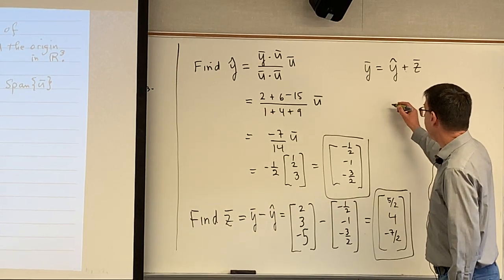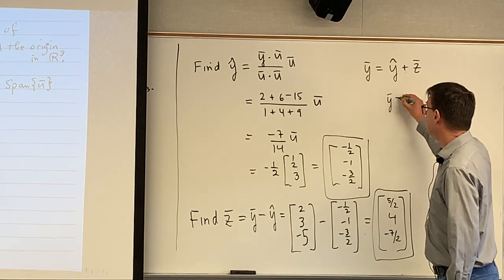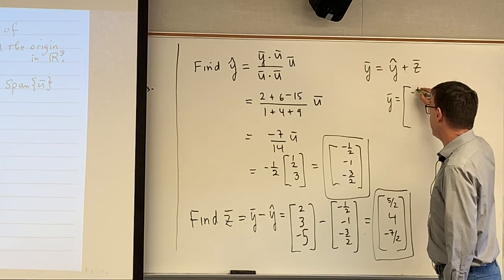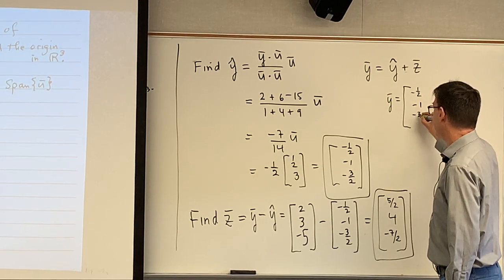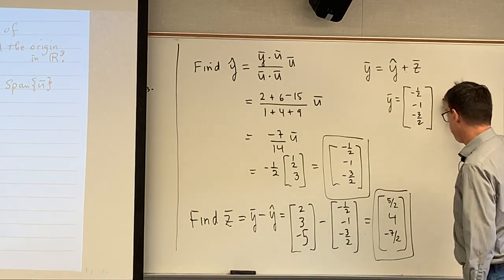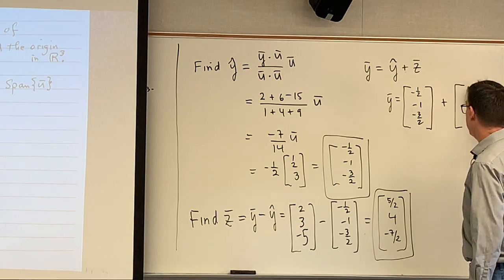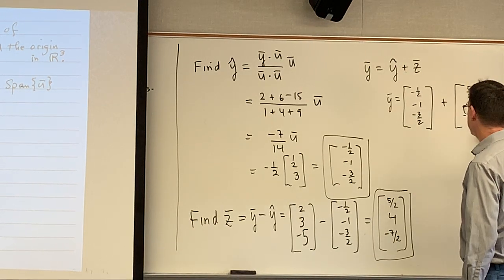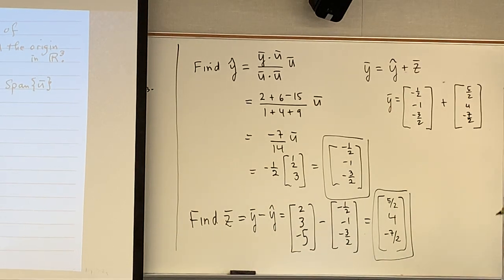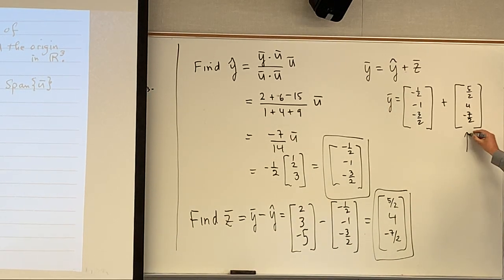And so we got y is equal to negative a half, negative 1, negative 3/2, plus 5/2, 4, negative 7/2. And this should be orthogonal to u, or I messed up.